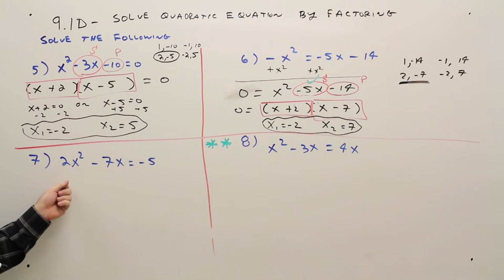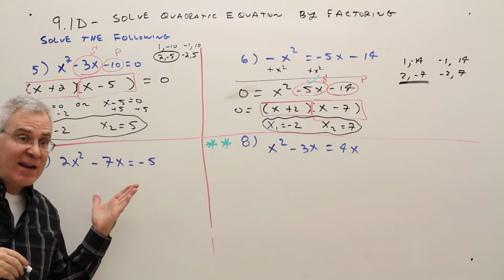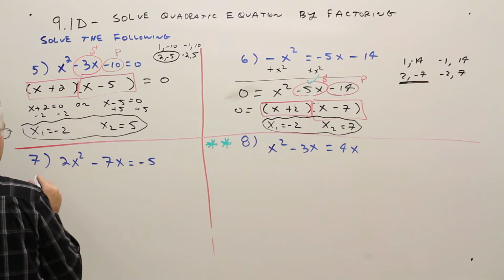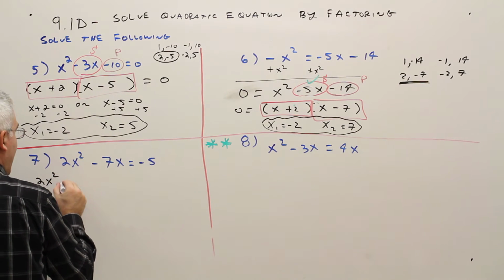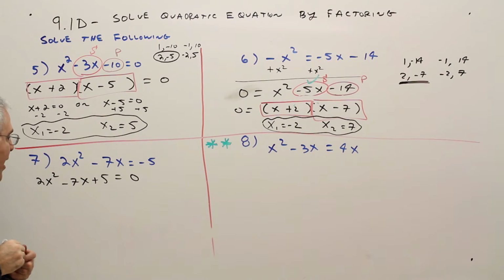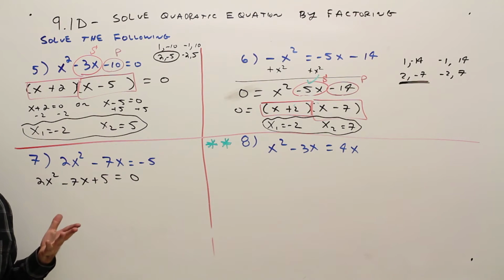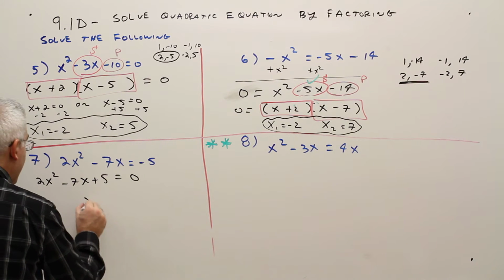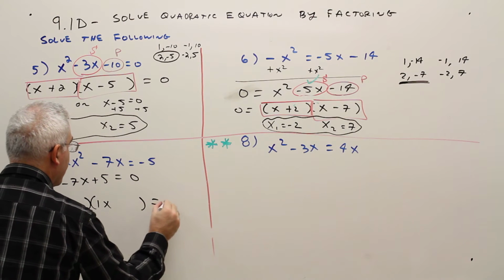All right, problem 7. I'm going to first get into standard form. So I'll add 5 to each side. So it'll become 2x squared minus 7x plus 5 equals 0. Notice this time I've got a lead coefficient of 2. 2 is a prime number. I'm loving it. My only template options will be a 2x and a 1x.